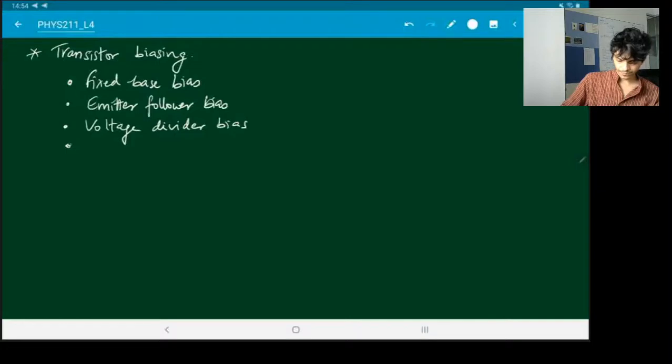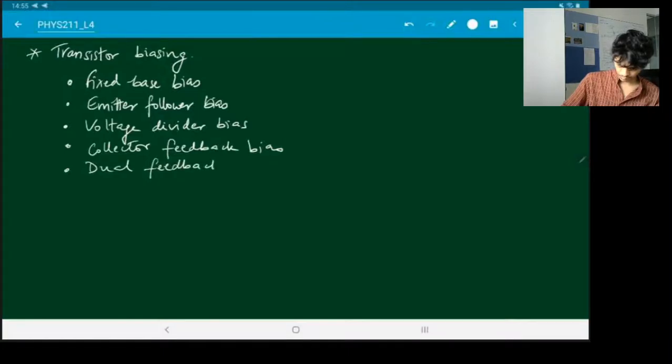You have various feedback biases, collector feedback bias, dual feedback bias, etc. So let's just look at a couple of them. Let's start with the fixed base bias.